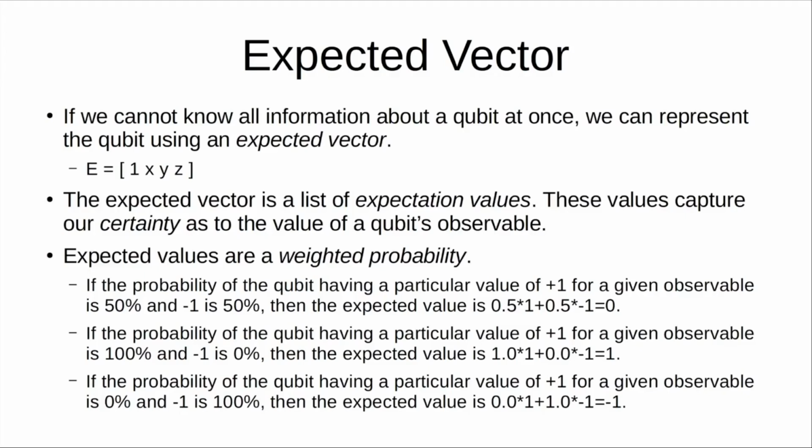So an expected value of 0 means it has an equal chance of being +1 or -1. If the probability of the qubit having a particular value of +1 for a given observable is 100% and -1 is 0%, then the expected value is going to be +1. If the probability is 100% it's -1, then the expected value is going to be -1. So I hope that makes sense of expected values. They're just a weighted probability where you weight the +1 or -1 by their probability of actually occurring.